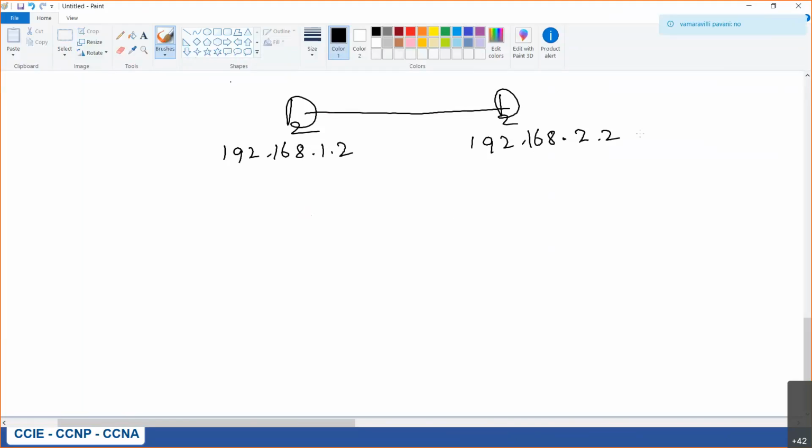No. I agree. Now the next computer also 1.2. Will they communicate now? No. Now the second computer is 1.3. Will they communicate now? Yes. Very good.